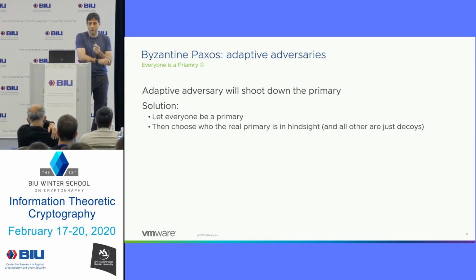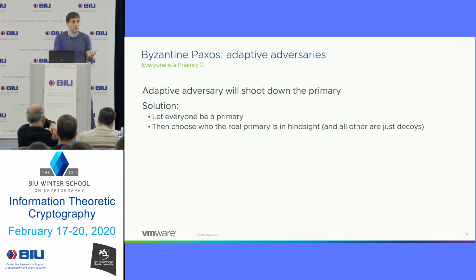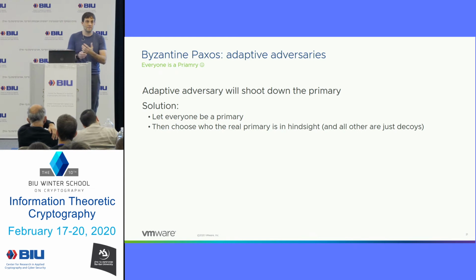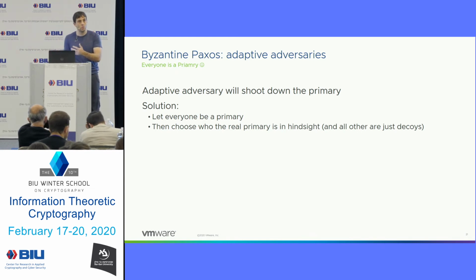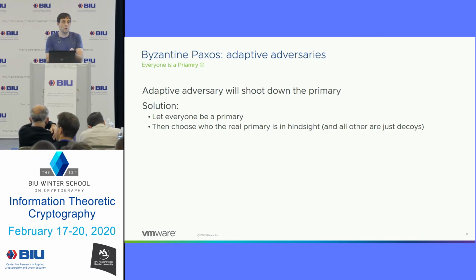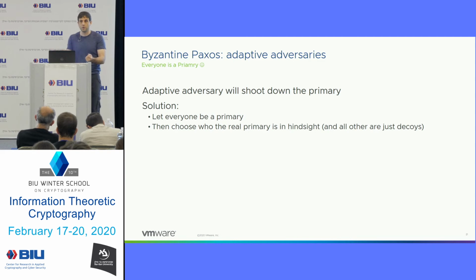In the first round, everybody behaves like a primary, but in fact, this is just creating noise. And then in the second round, we choose who was the real primary and who was a decoy. If I'm an adaptive adversary, I don't know in the first round who to corrupt, because I only learn about the real primary in the second round. So I'm using the fact that even an adaptive adversary cannot know the future.